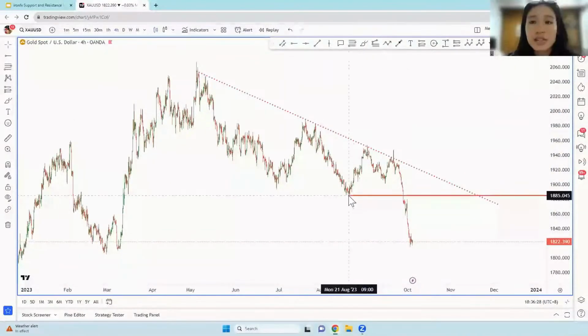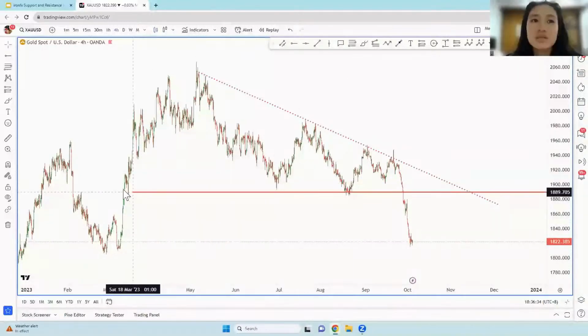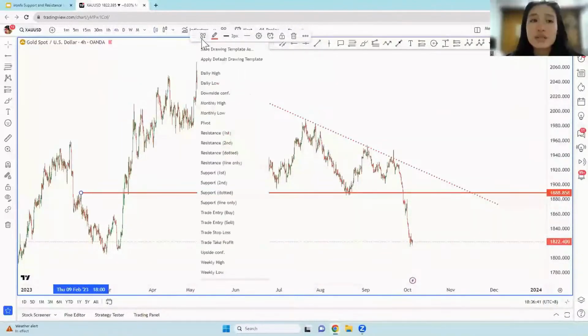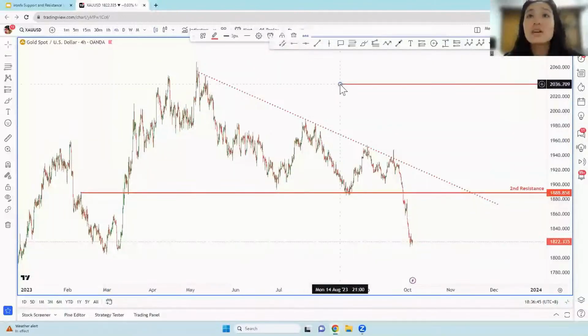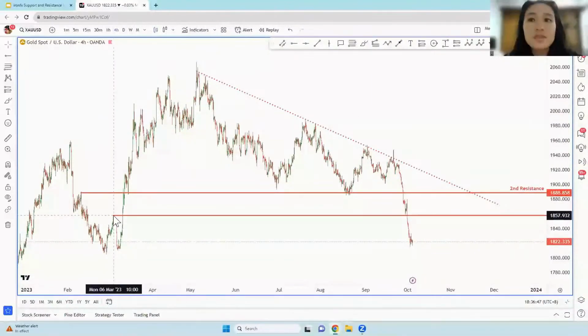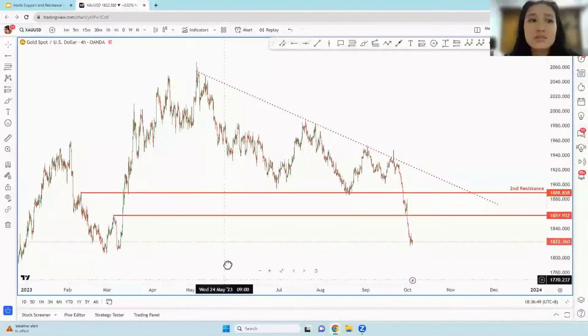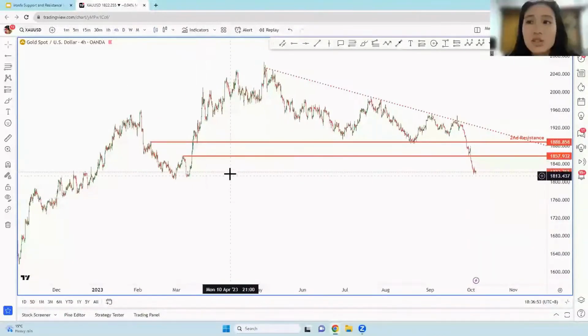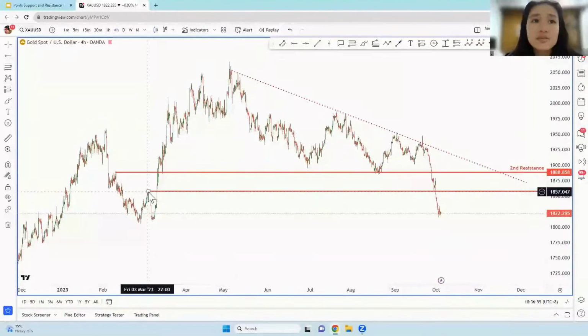Now that I've done that, the next step is to go in with support and resistance levels. Okay, here is my second support, second resistance, my first. Okay, I'm gonna see if I can find a closer resistance level.